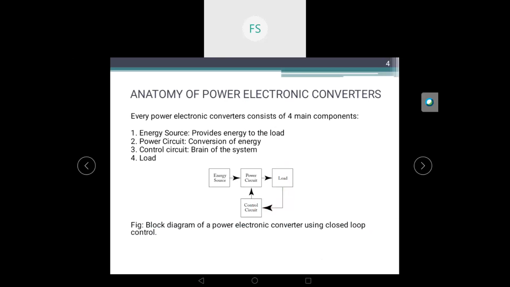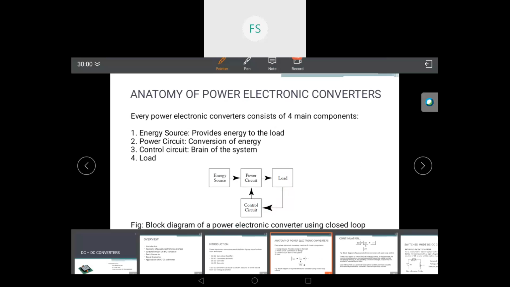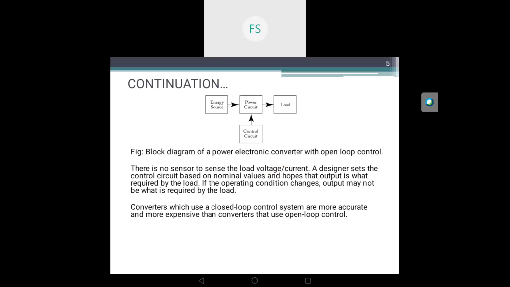This means that closed loop control uses some form of feedback. That is, it senses either load voltage or current and produces the control signal based on that measurement. While in open loop control, we do not use any feedback. That is, there is no sensor to sense the load voltage.